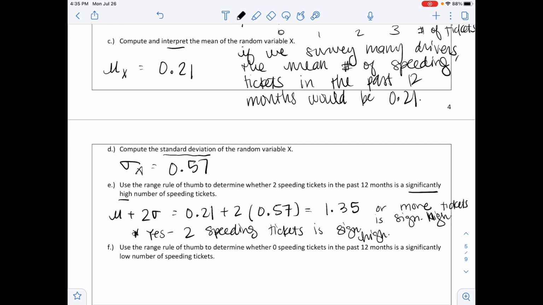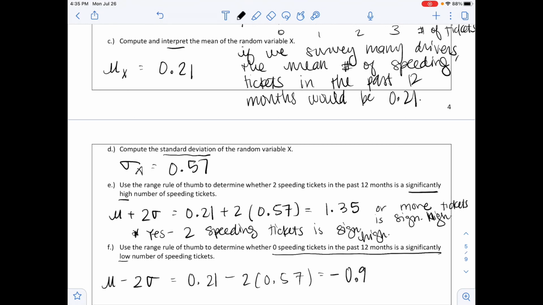Likewise for F, it says use the range rule of thumb to determine whether 0 speeding tickets in the past 12 months is a significantly low number of speeding tickets. So significantly low means mu minus 2 sigma. And going ahead and evaluating this, plugging in those values that we had calculated for our mean and our standard deviation, we get negative 0.93. And so for it to be significantly low, it's going to be negative 0.93 or less.